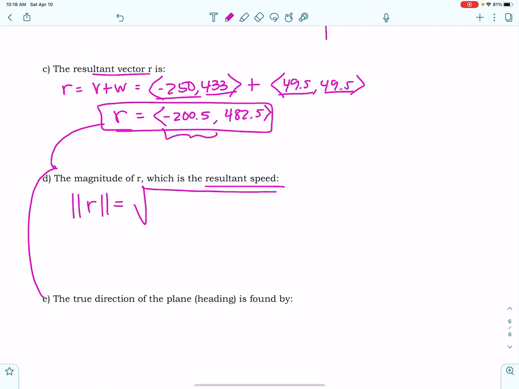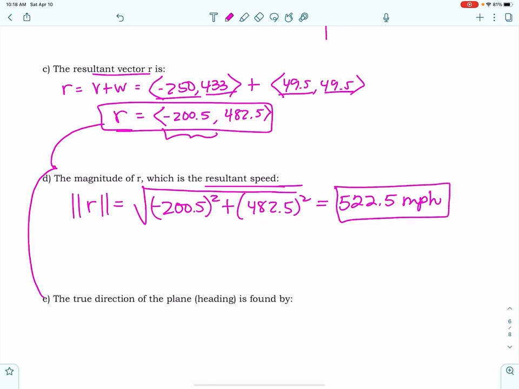So we're just going to take this value, square it, add it to this value squared, and that gives me 522.5 miles per hour. So this is the speed that results from the original course with the wind acting upon it. So we are halfway done with our answer.